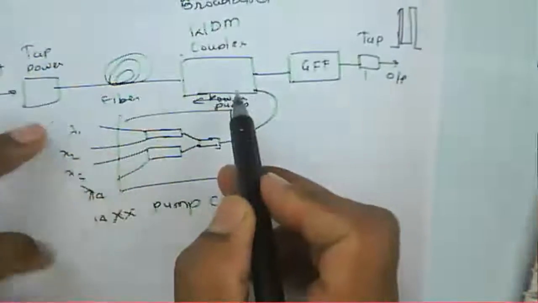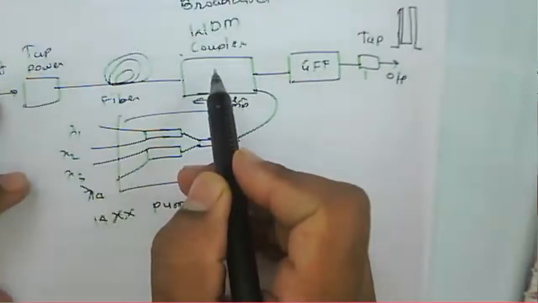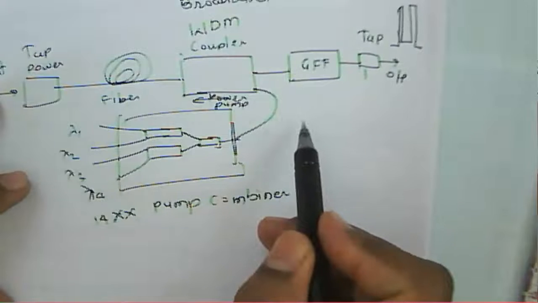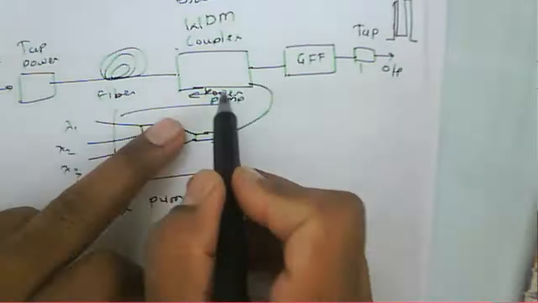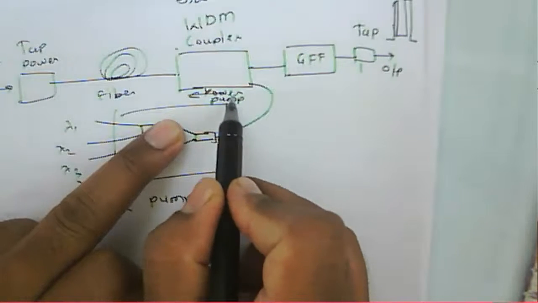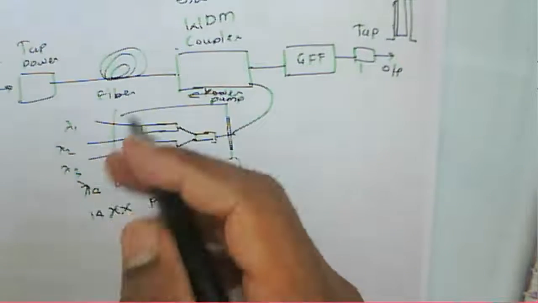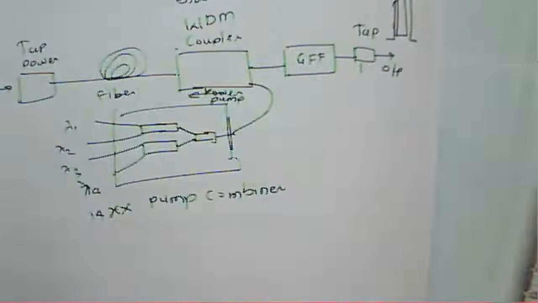Because of this pumping, we get a higher output at that particular wavelength. So that is about the Raman amplifier, and we shall stop here for this Raman amplifier, and we'll continue in the next lecture.